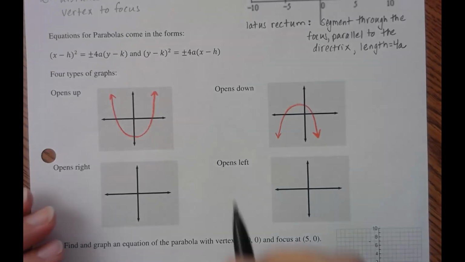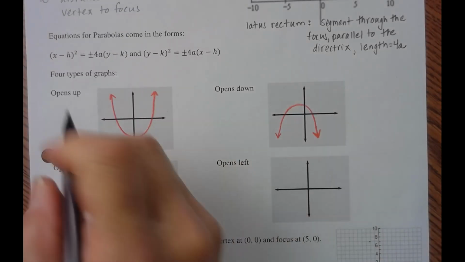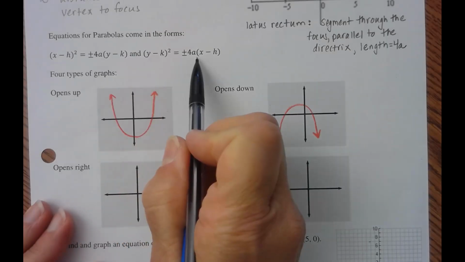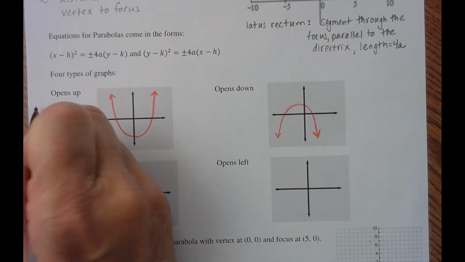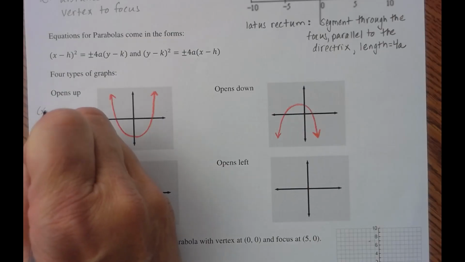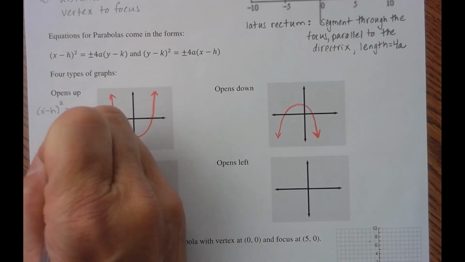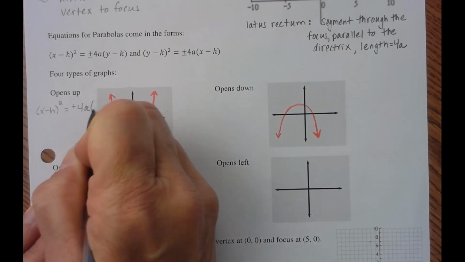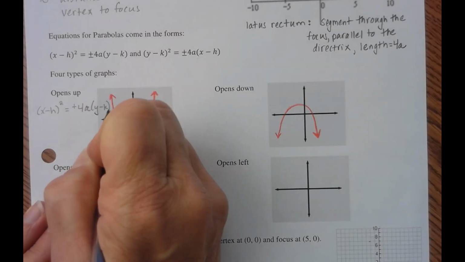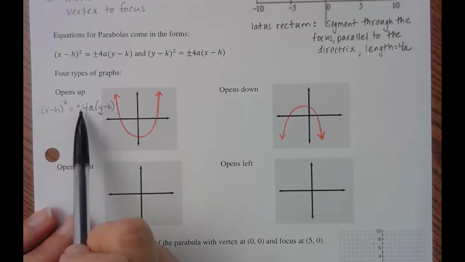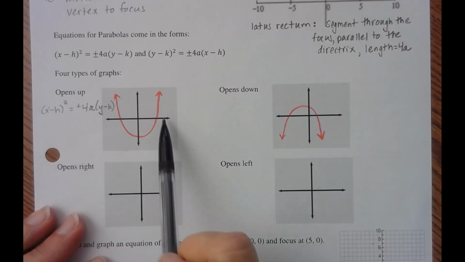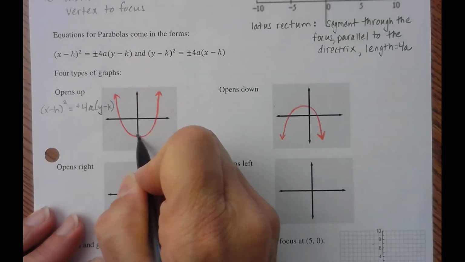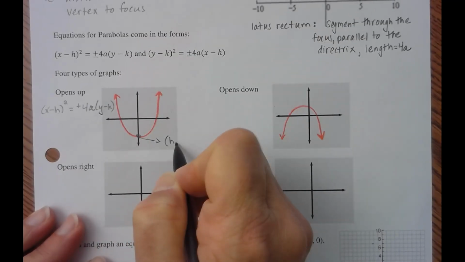In this situation, the equation for the parabola is x minus h squared equals positive 4a times y minus k. So the a value is positive, that's opening up. h, k would be the coordinates of the vertex.